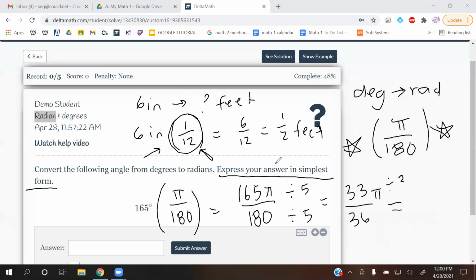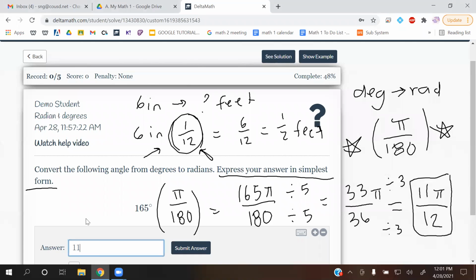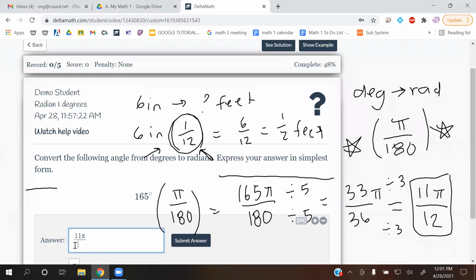So I'm going to divide by 3, divide by 3. 33 pi divided by 3 gives me 11 pi. And on the bottom, 36 divided by 3 gives me 12. And after that, I can see that this is as simplified as it gets. So this is my final answer: 11 pi over 12.